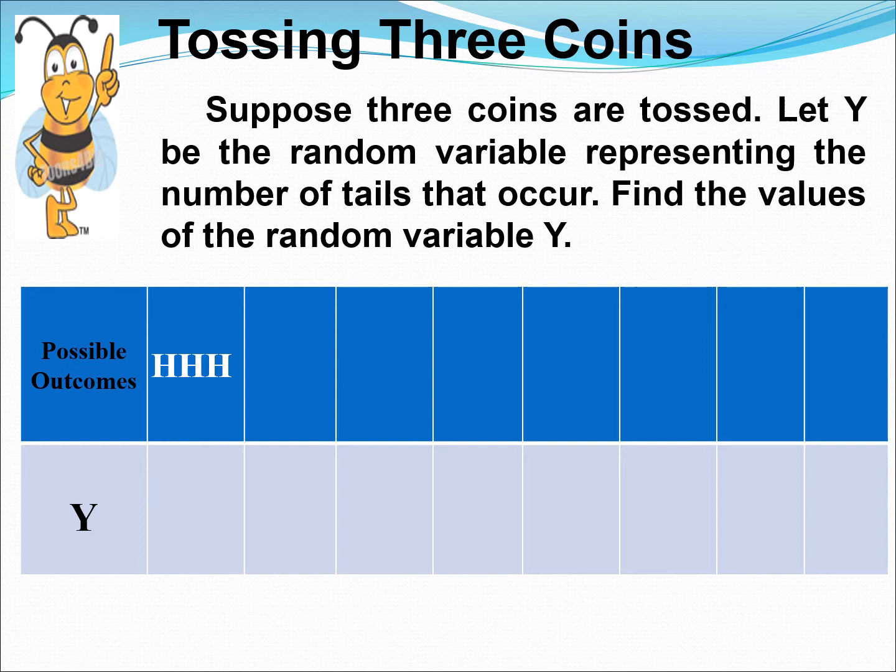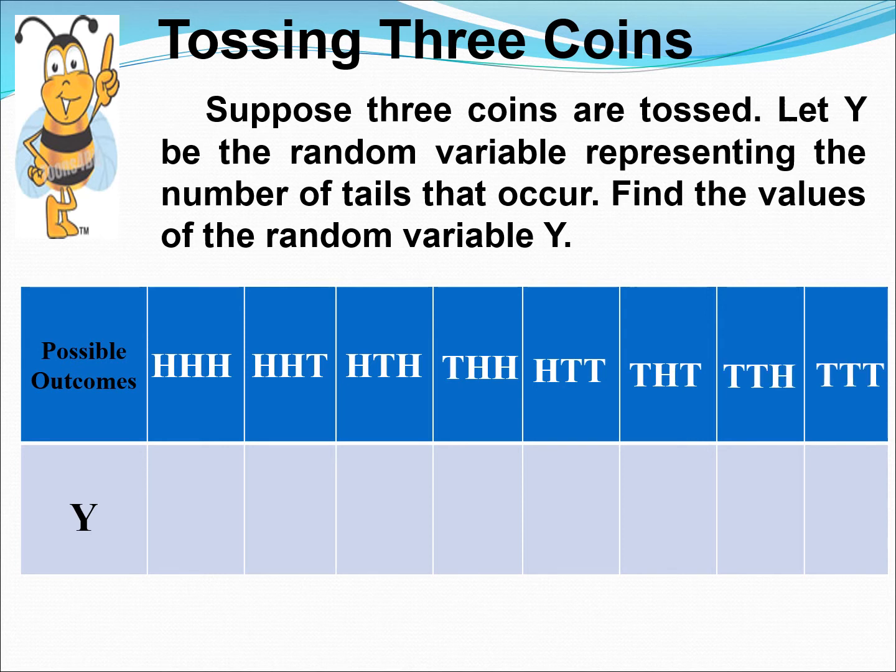So the possible outcomes when 3 coins are tossed: head head head, head head tail, head tail head, tail head head, head tail tail, tail head tail, tail tail head, and tail tail tail.